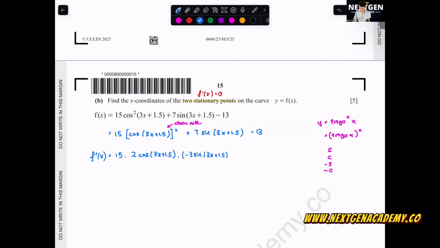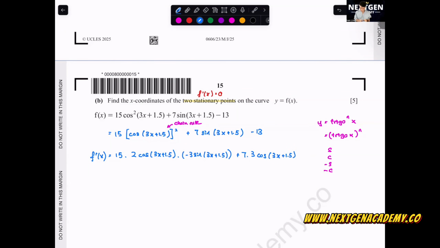I don't know why I confused myself. Too tired already. Plus 7 times 3 cos of 3x plus 1.5. Too many layers, that's why I get confused.